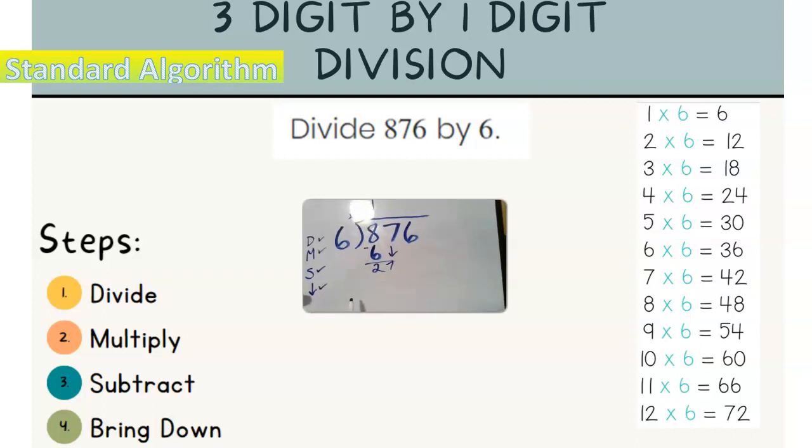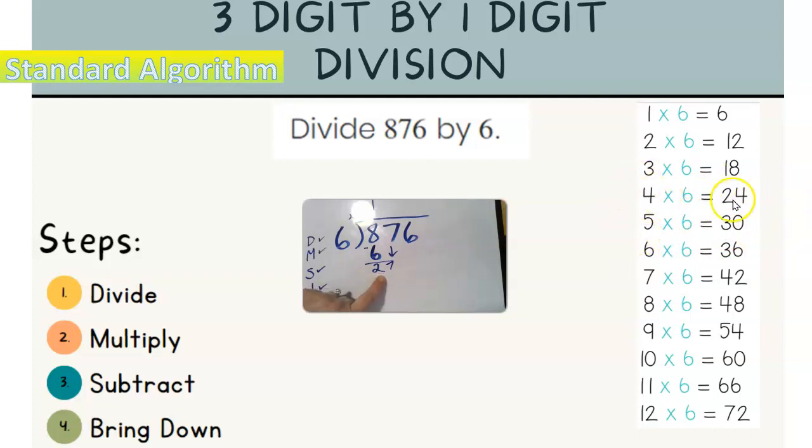What do I do now? Go back to the top and repeat those steps again. So I'm going to be dividing. Start here to divide. 27 divided by 6. Let's see. I know that 6 times 4 is 24. That's pretty close to 27. 6 times 5 is 30. That won't work. That's more than 27.